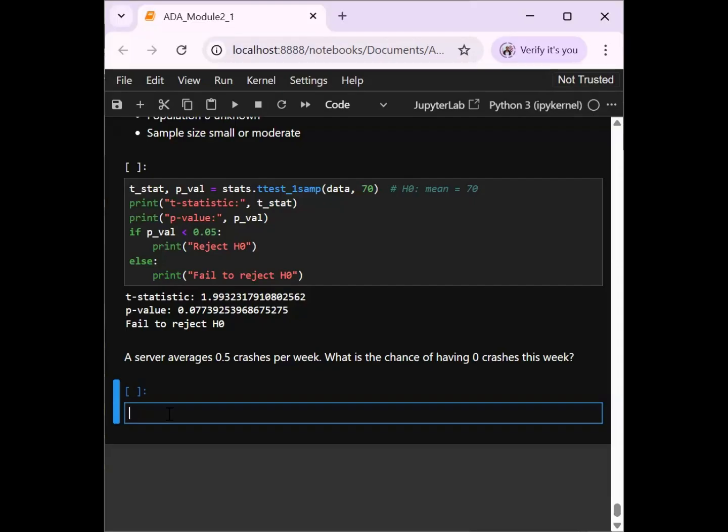So who is helping us out? We just have one parameter here, so it's very straightforward.